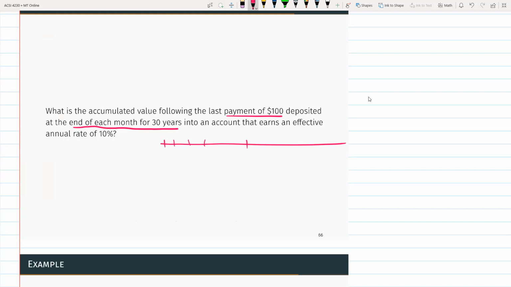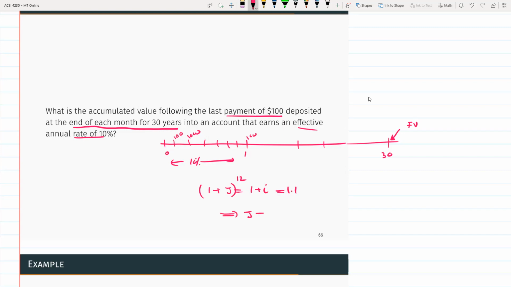End of each month, so you have 12 payments every year, and then you have 30 years. We want to find the future value. This one says the effective rate is 10%, so the entire per year is 10%. So we calculate the monthly rate J. 1 plus J to the 12 is 1 plus I, which is 1.1. And from here you can get J.